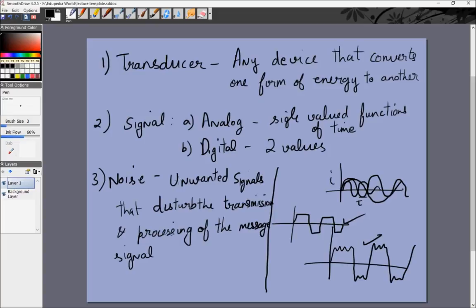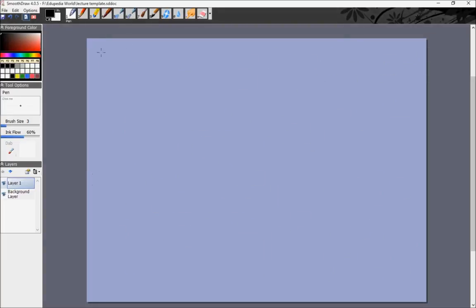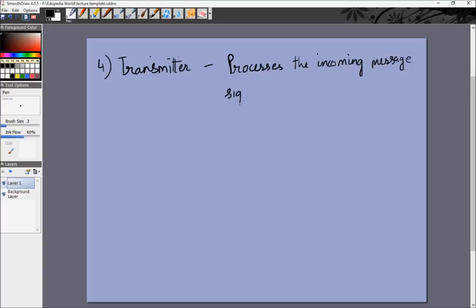Now the element which actually contains the transducer, which we saw in the flow chart, that is called the transmitter. And the transmitter is the device that processes the incoming message signal so that it can be made suitable for transmission, or so that it can be easily transmitted.